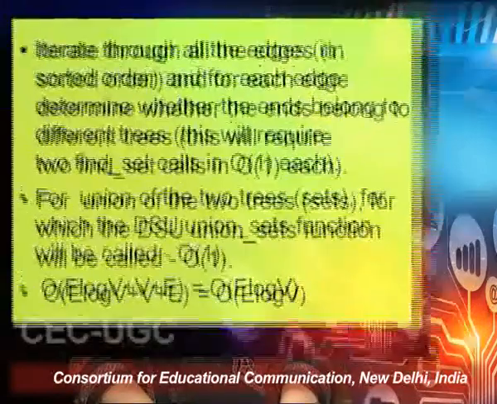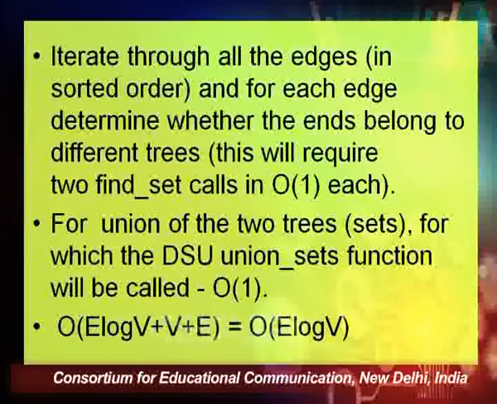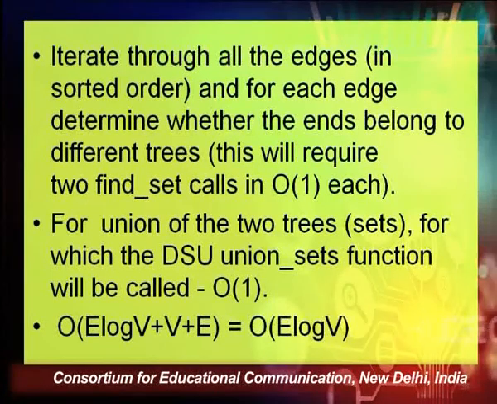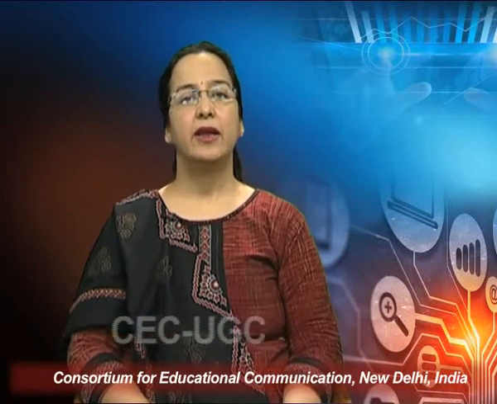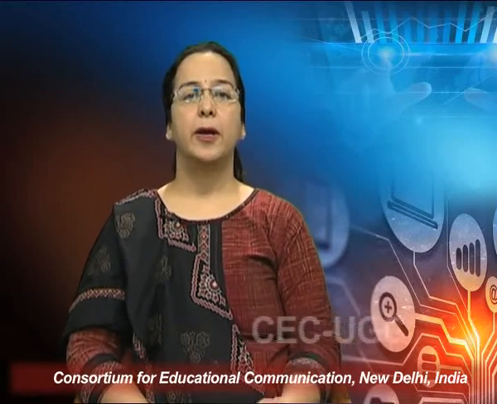Then we need the union of two trees or two sets, using the disjoint set data structure functions, and this will be order 1 obviously. So ultimately we end up with order E log V for sorting, plus V calls for make set, and then E calls for the other disjoint set operations.